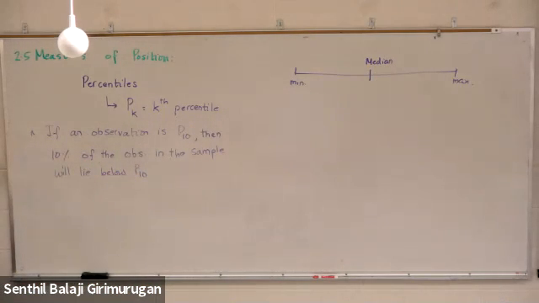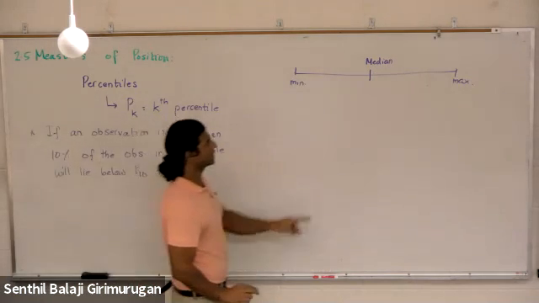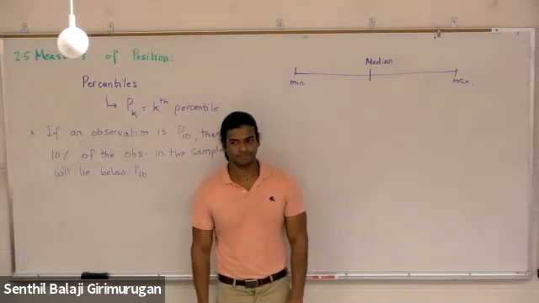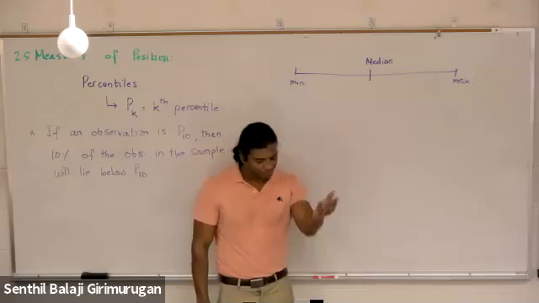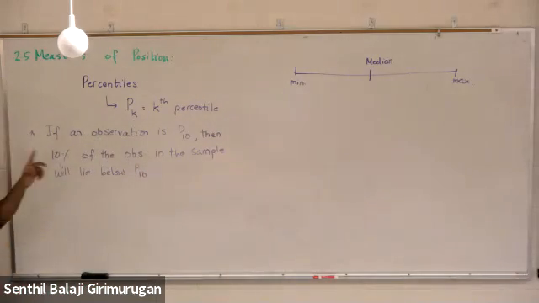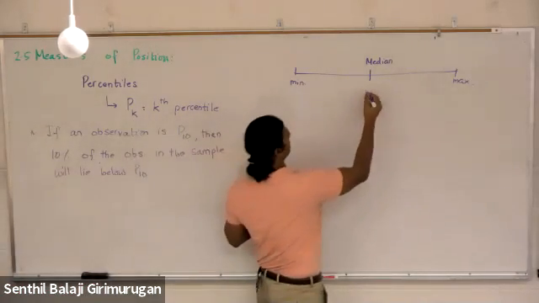That said, what percent would lie below the median? 50%, right? So can I write the median as P sub 50?